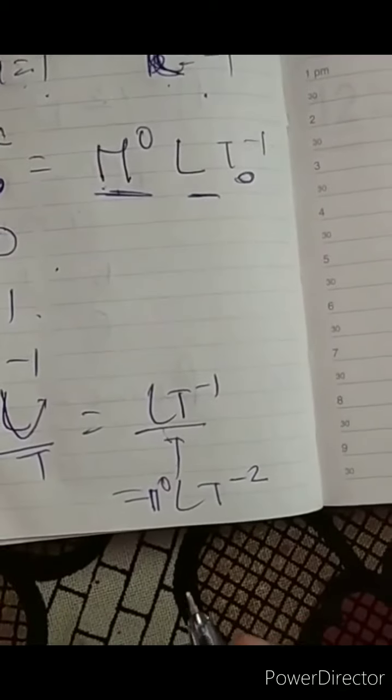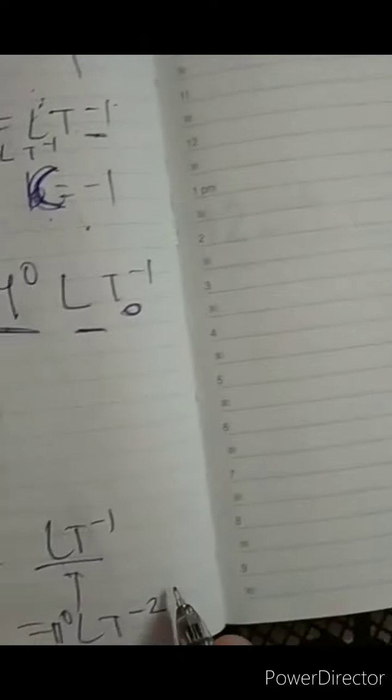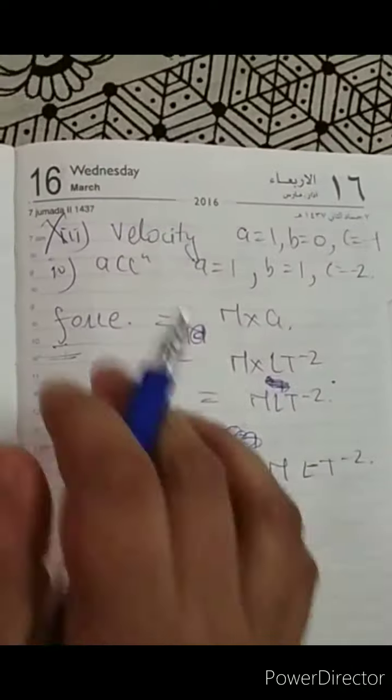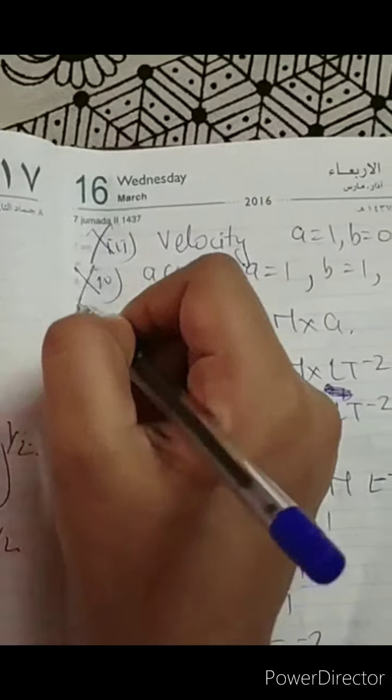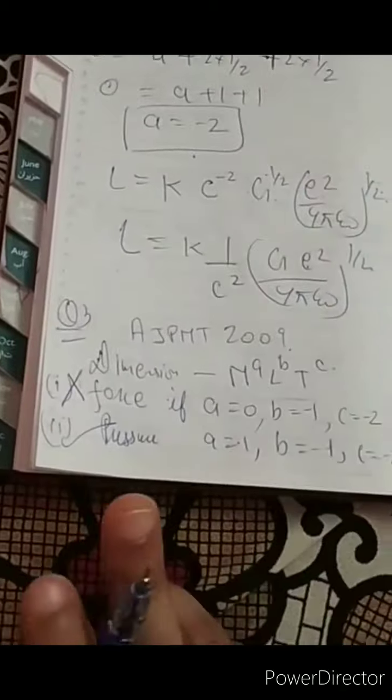So here a equals 0, b is 1 and c is minus 2. So a 0, b 1 and c minus 2 is again wrong. So the only correct option is pressure.